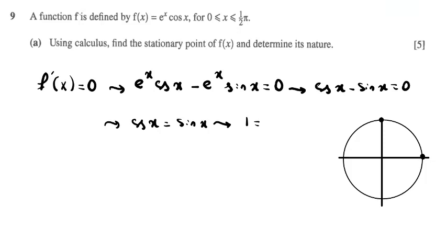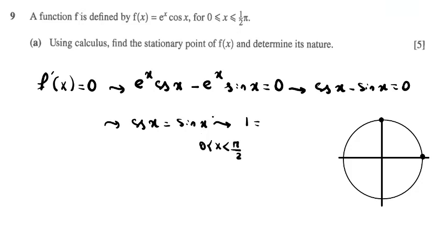If we consider this unit circle, for this point cos x is 1, sine x is 0. For this point, cos x is 0, sine x is 1. So we can say x is strictly greater than 0 and less than pi over 2.